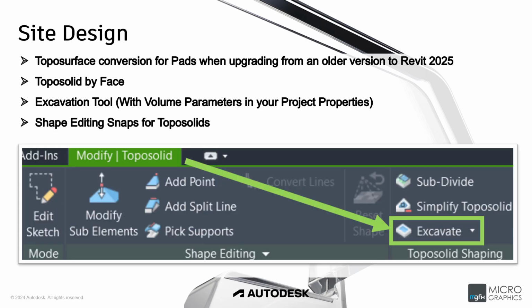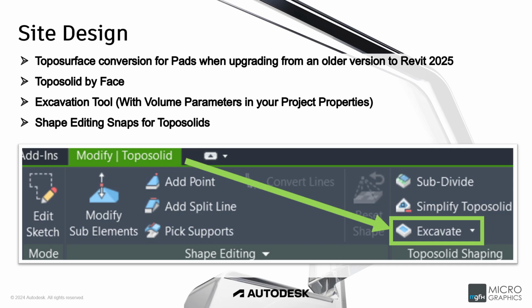Under the Modify Topo Solid contextual tab, you will find under the Topo Solid Shaping panel the new Excavate tool. You can also remove the excavation, you can create or remove one.